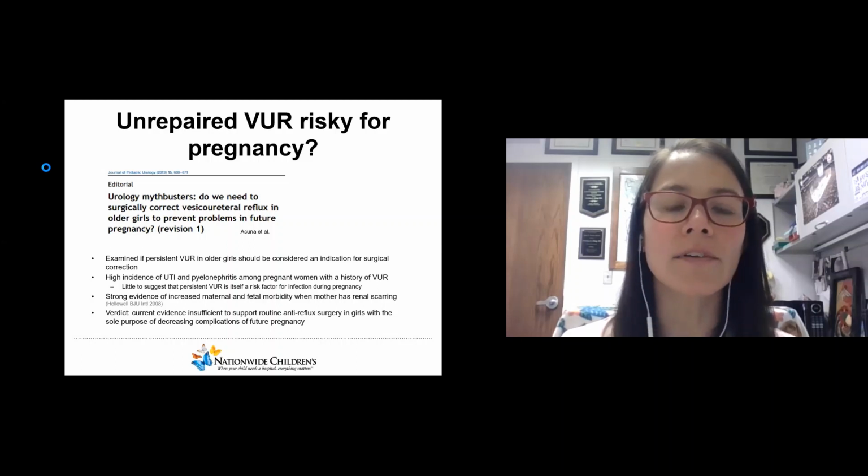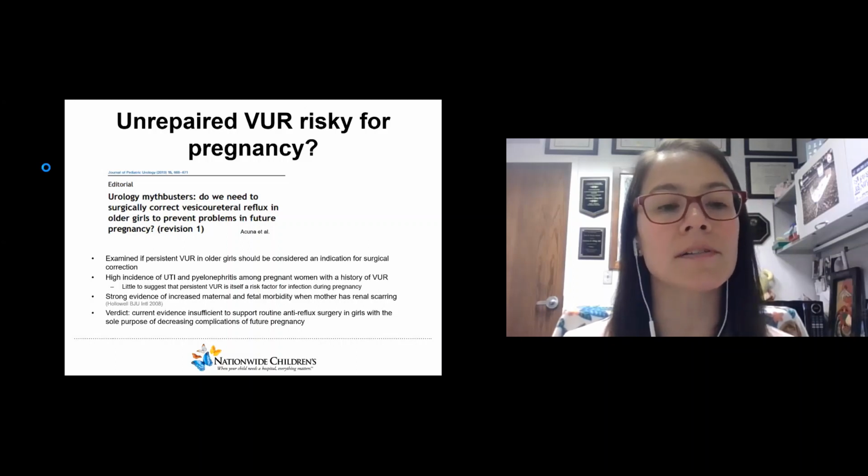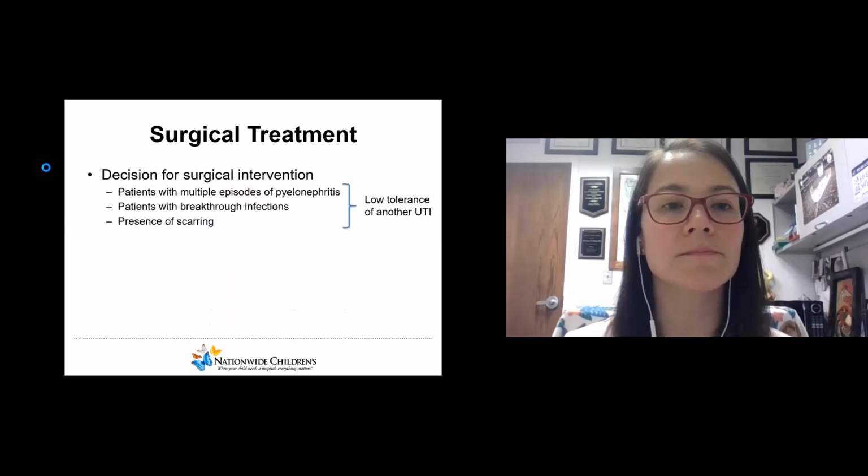They found an overall high incidence of UTI and pyelonephritis among pregnant women with a history of reflux, but little data to suggest that persistent reflux is itself a risk factor for infection during pregnancy. There is strong evidence of increased maternal and fetal morbidity when the mother has renal scarring, and so perhaps that population specifically requires very close monitoring during pregnancy. But so the verdict of this mythbuster was that the current evidence is insufficient to support routine anti-reflux surgery in girls with the sole purpose of decreasing complications of future pregnancy.